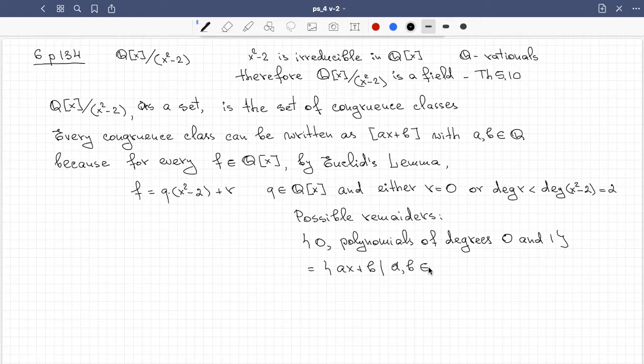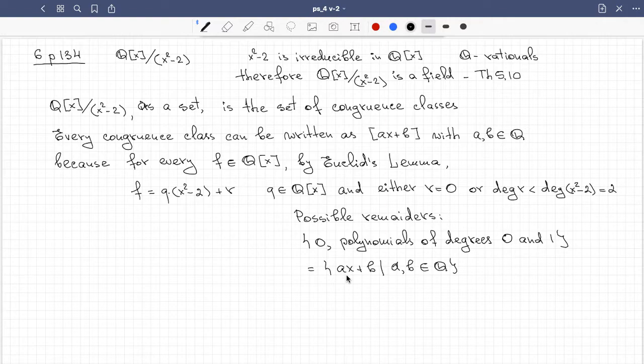We get 0 if both a and b are zeros. We get polynomials of degree 0 if a is 0 while b is not. And these are non-zero constants, and we get polynomials of degree 1 as soon as a is not 0.